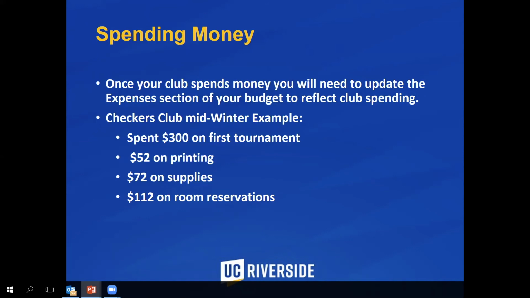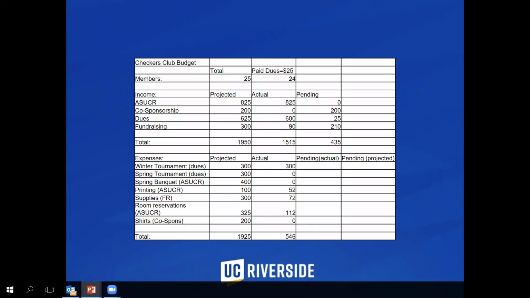So we're going to plug those expenses in. They would go right here under expenses in actual, because it's actual real dollars that they've spent. They spent $300 on their winter tournament and $52 in printing, $72 on supplies, and $112 from their room reservations.